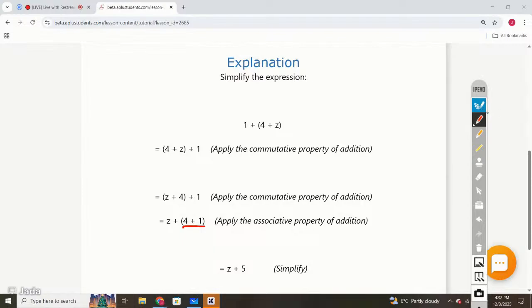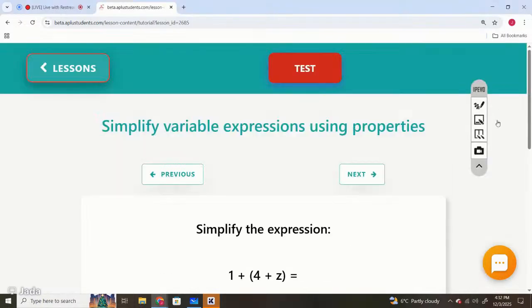That is z plus 5. Let's just start with the test questions.